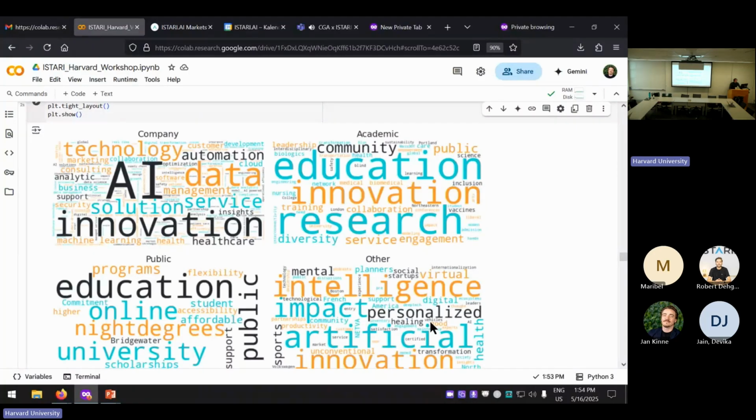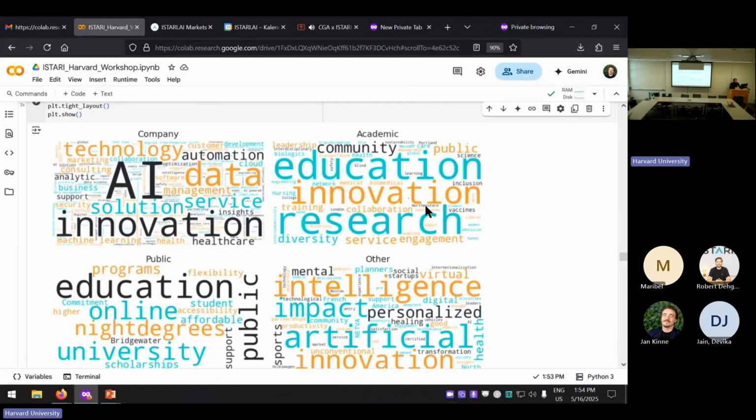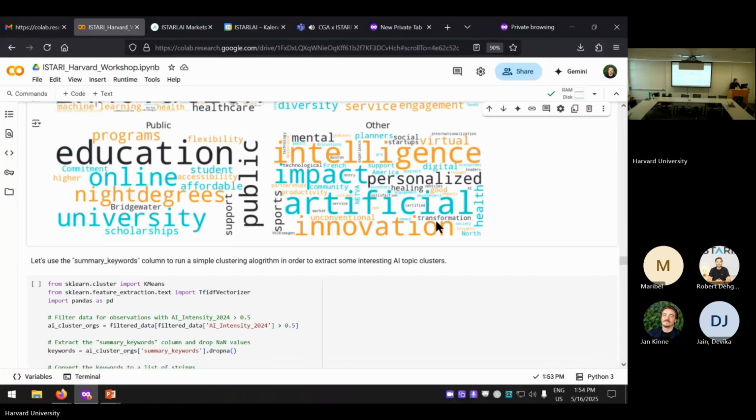And for the others, it's about impact, artificial innovation, sports, also mental stuff, social startup, virtual. So this is like the NGOs more or less talking about AI. This is academia talking about AI, or the academia organizations that are into AI, companies, and public.